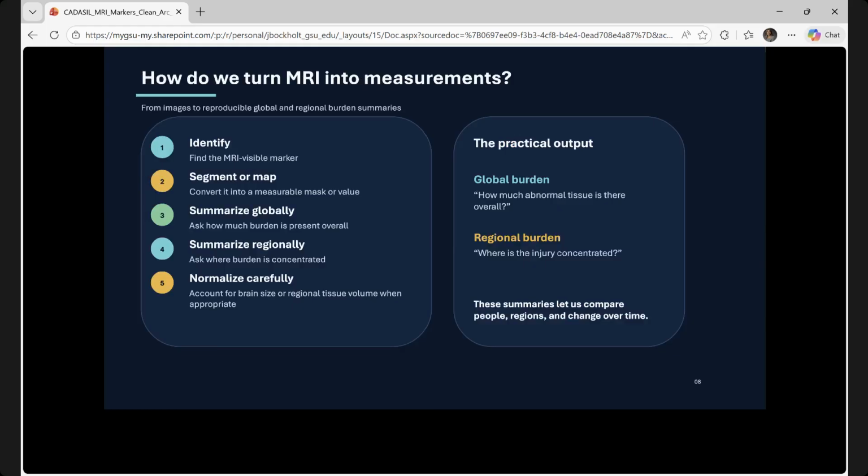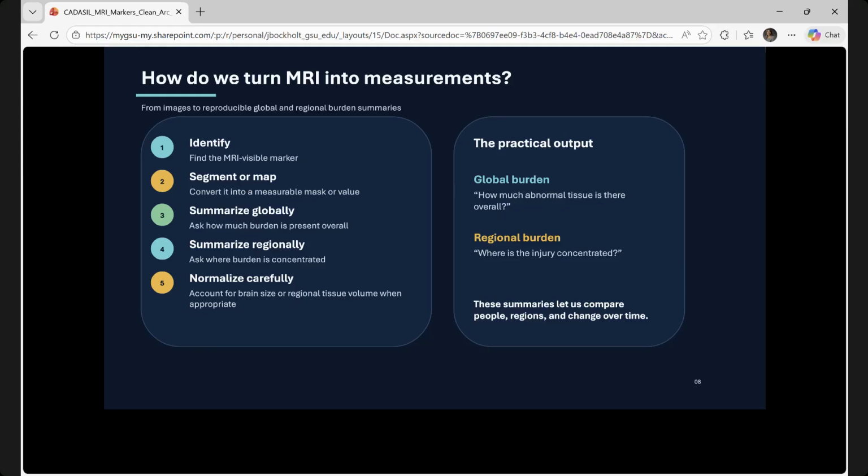We start with identifying what the MRI-visible markers are, and then how we segment or map or identify that quantitatively and exactly.